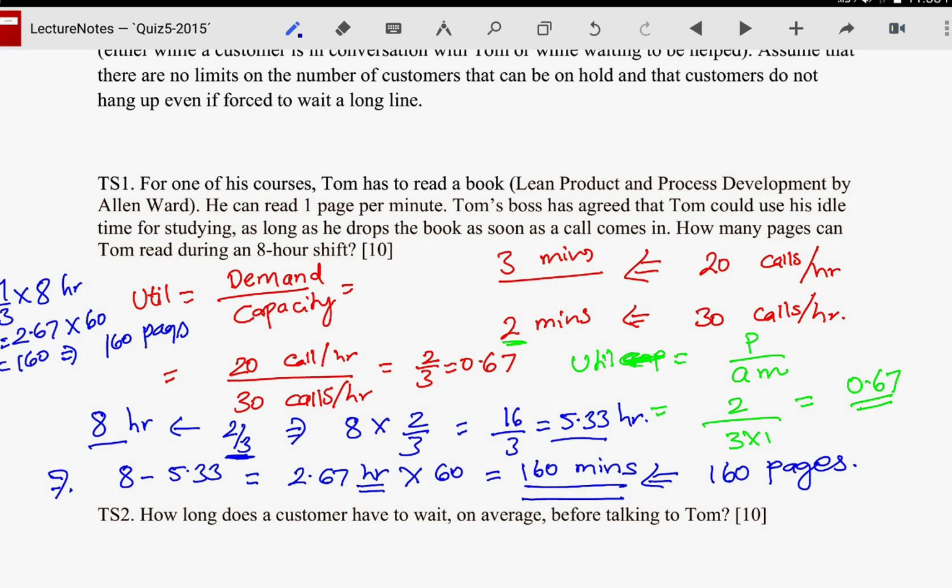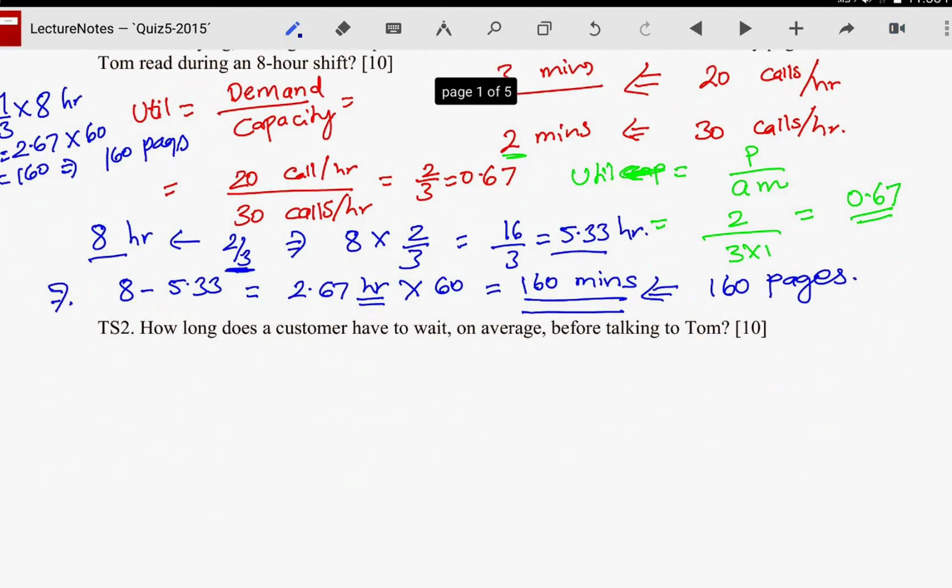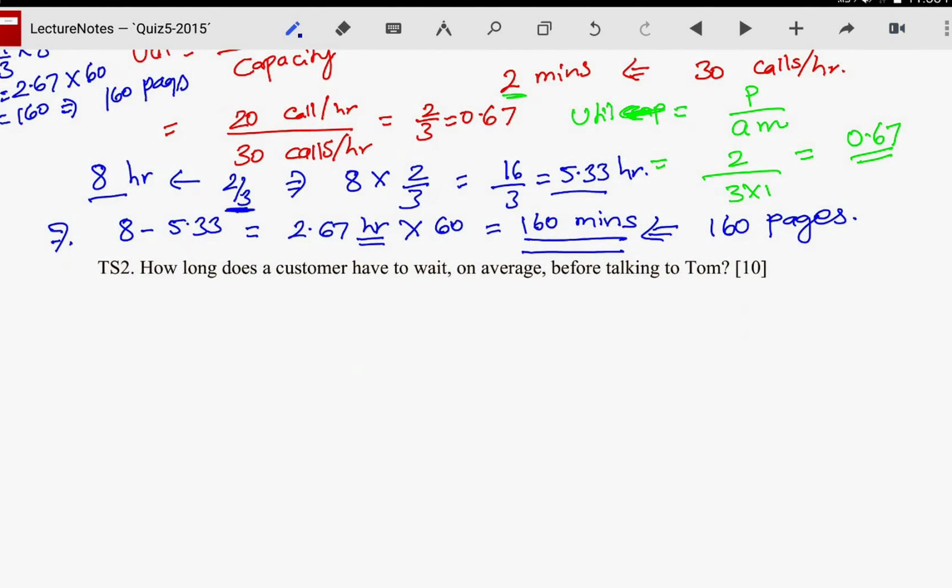Okay. All right. The next question is, how long does a customer have to wait on average before talking to Tom? Now, this is the real TQ problem. Given that there's only one server, you can use the easier formula. Let me write the formula first.